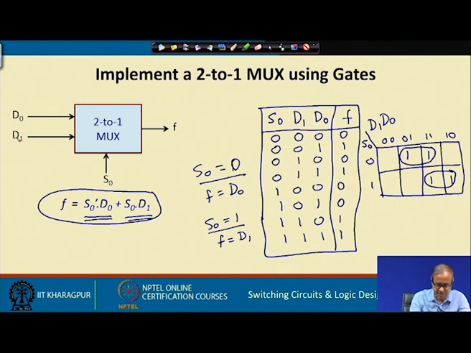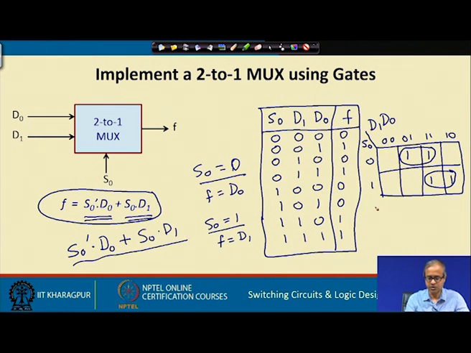So, how do we express it? If S0 is 0, which means S0 bar, AND D0, we get D0, or if S0 is 1, which we write as S0, we get D1. So, we can write down this expression straight away without going through all this minimization, right.